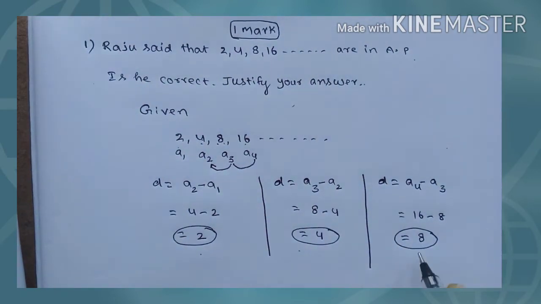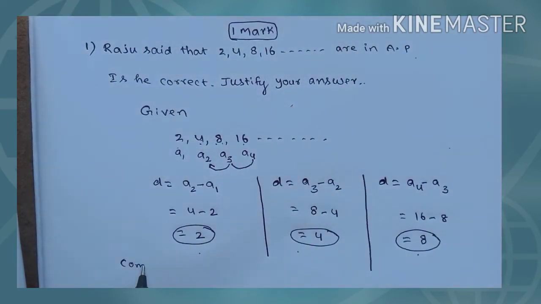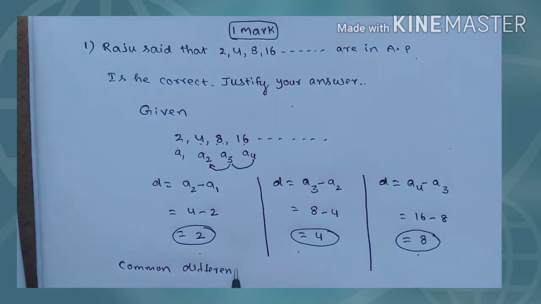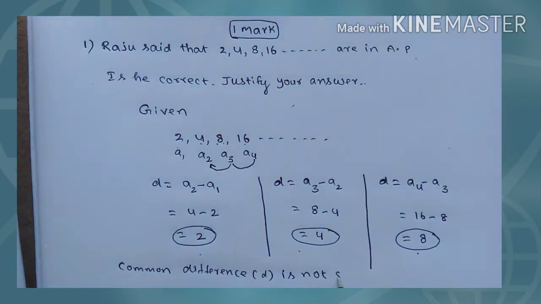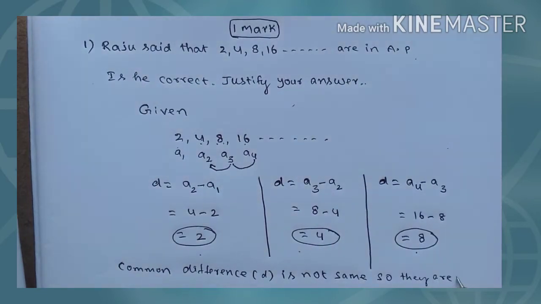So are these equal? No. So you can say that the common difference is not the same. You can write here: common difference d is not the same. So they are not in AP.